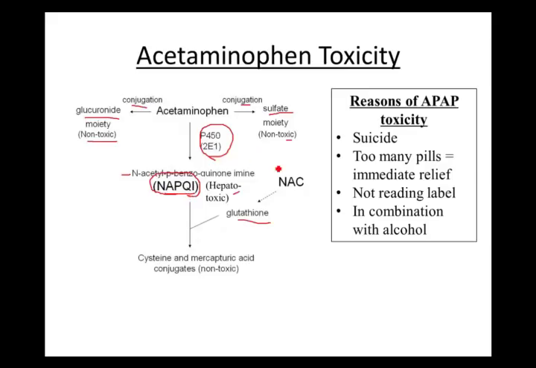One of the ways we can alleviate that is to supply N-acetylcysteine, which is NAC, and that is a glutathione stimulator, which can drive the detoxification of NAPQI into its cysteine conjugates.